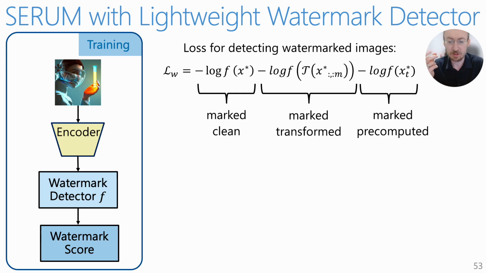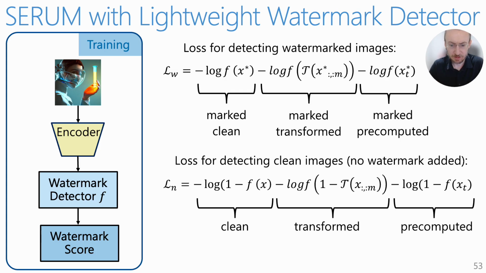However, in this case, we don't have this adaptivity. We don't have this dynamic option of selecting and generating the best transformation that would fool our detector. So this is another term that is used here to lower the burden of generating these transformations during the training process of the watermark detector.